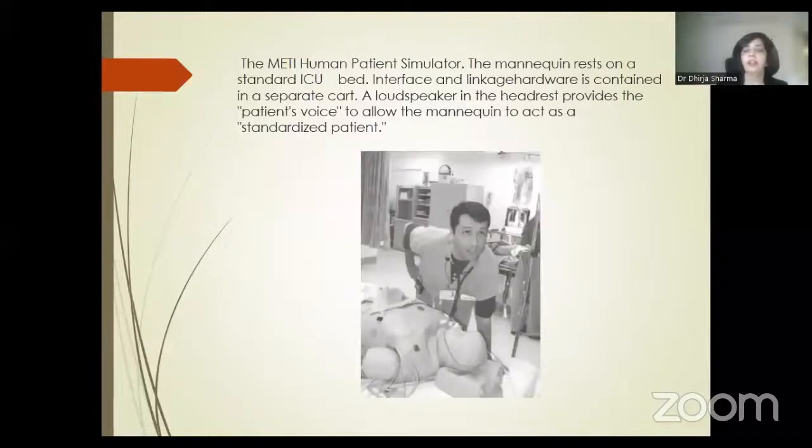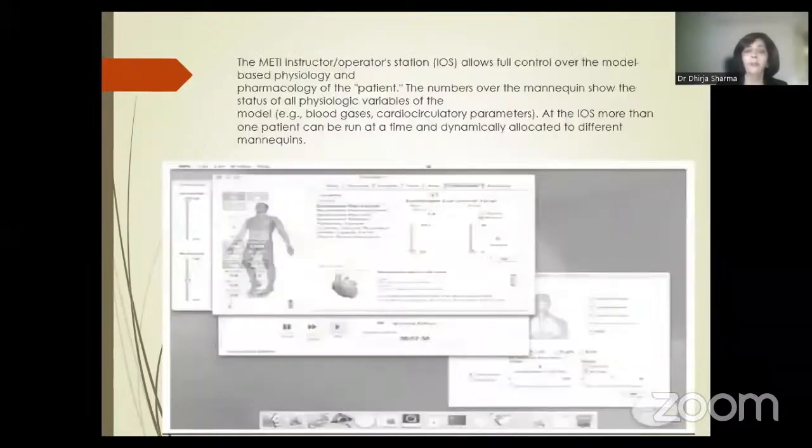The mannequin rests on a standard ICU bed, and the linking hardware is contained in a separate card. And there's a loudspeaker in the headrest which gives the patient's voice to allow the mannequin to act as a standardized patient. So the mannequin will moan, will cry, or respond in different ways to the action of the trainer.